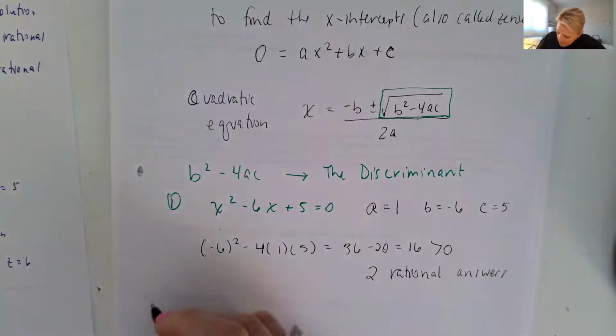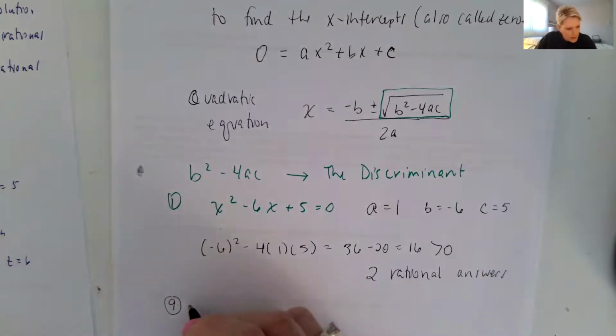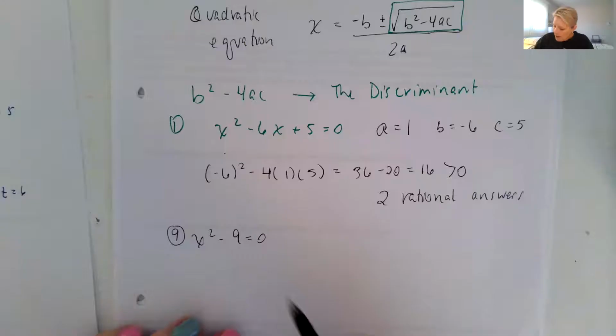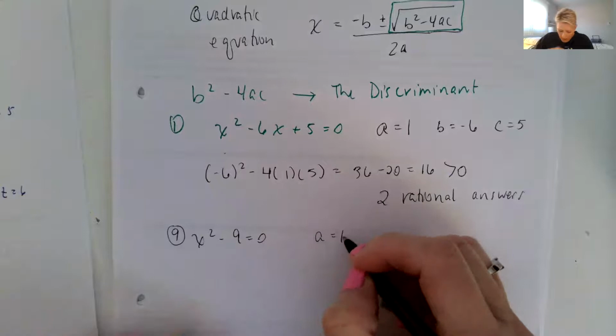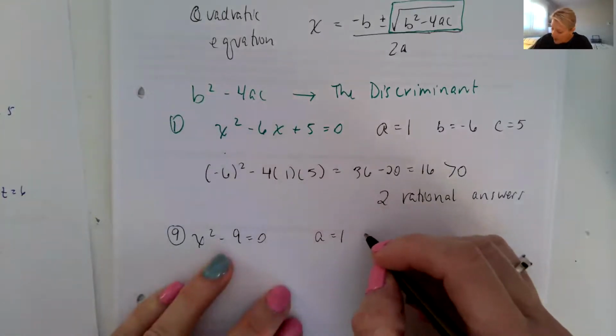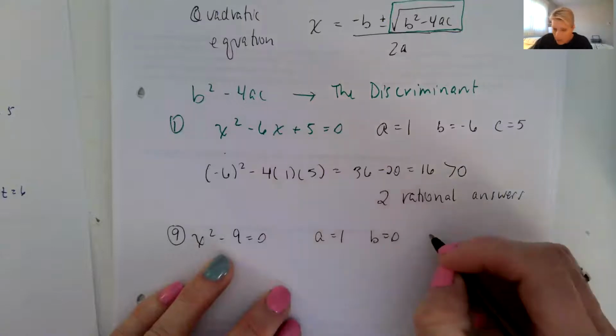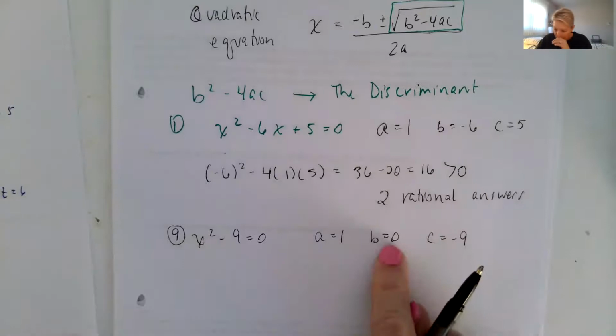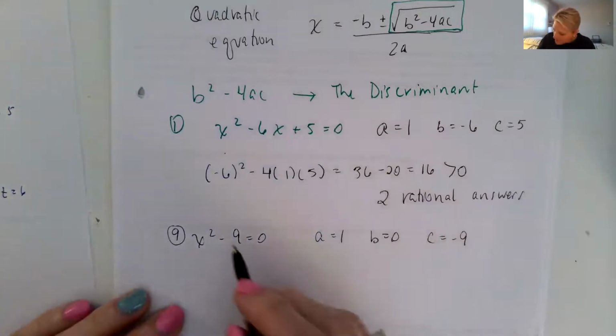Number 9 is going to be similar. So number 9 says x squared minus 9 equals 0. a equals 1. And we're missing the x term, so b is equal to 0, but make sure you acknowledge that, and c is equal to -9, because you'll need that 0 in the discriminant.